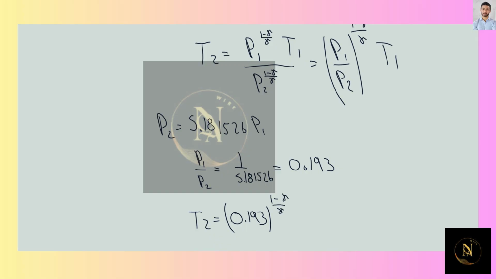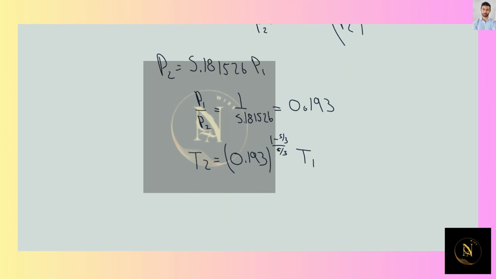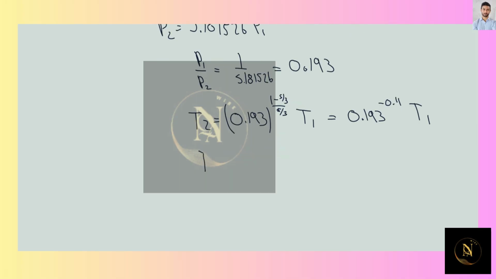We can directly replace the value of 5/3, times T1, and the change in temperature in this case would be 0.193 to the minus 0.4 times T1, which is going to be a factor of increase of 1.930977 times T1.